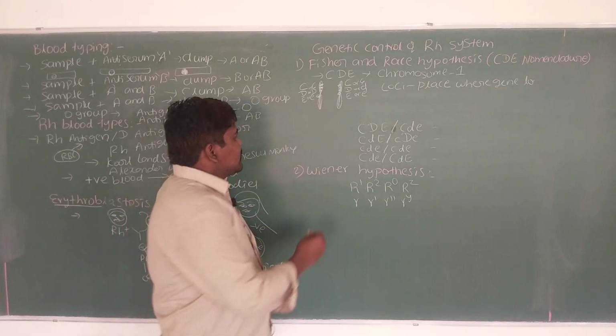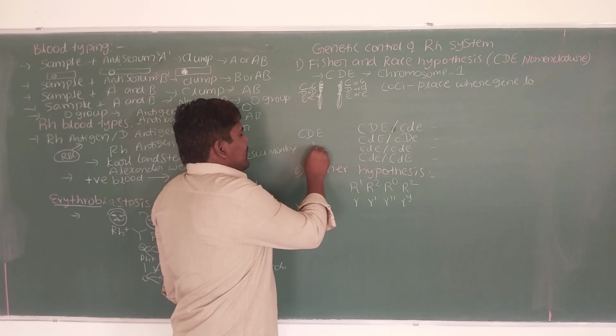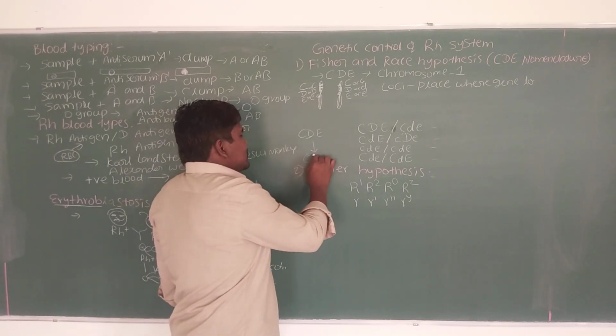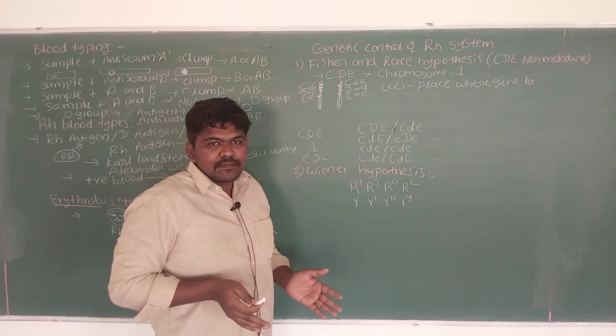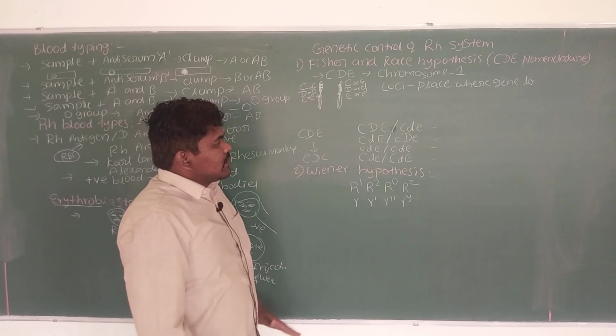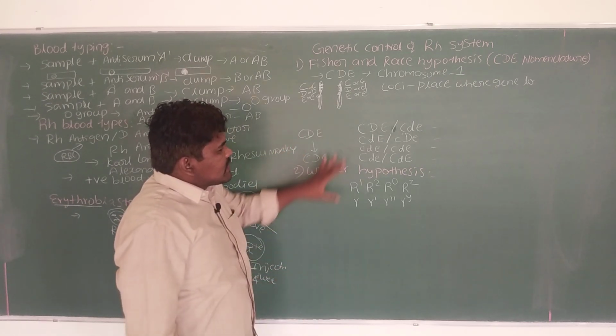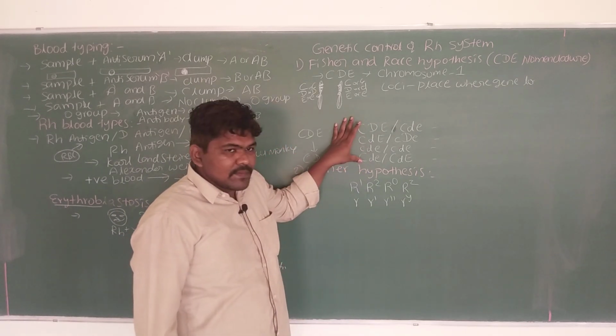Hence, if capital CDE is present in one parent, as it is capital CDE goes to the next offspring. There is no separation. Okay, they go as they are to the children. Because of all those things, we can see the formation of the types of genotypes, that are these.